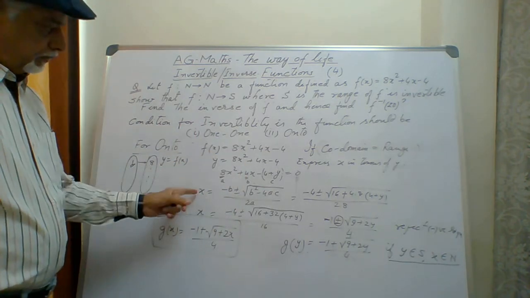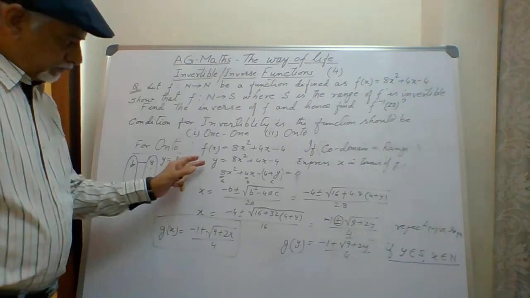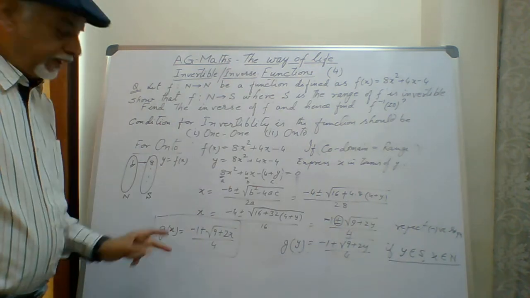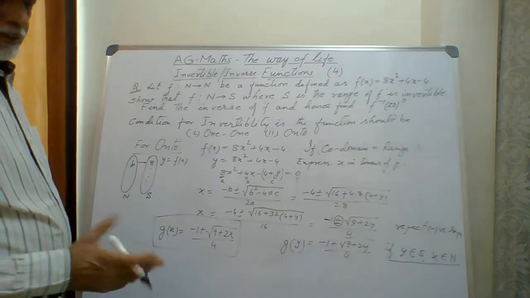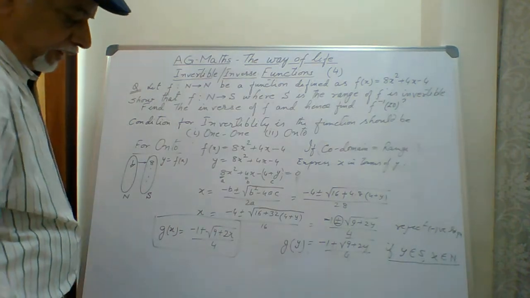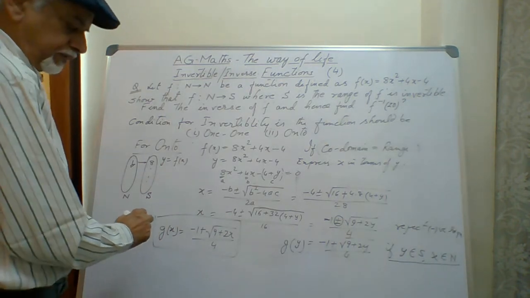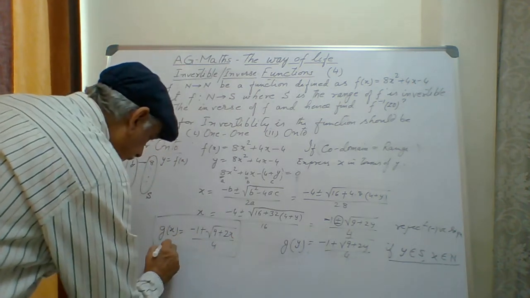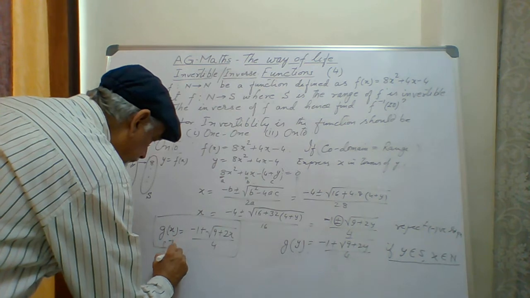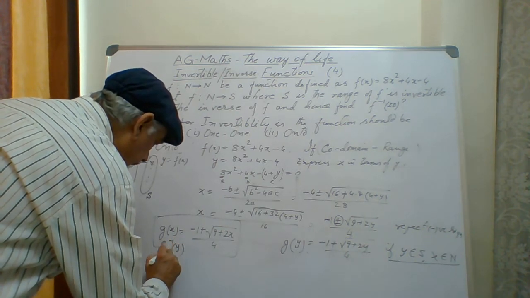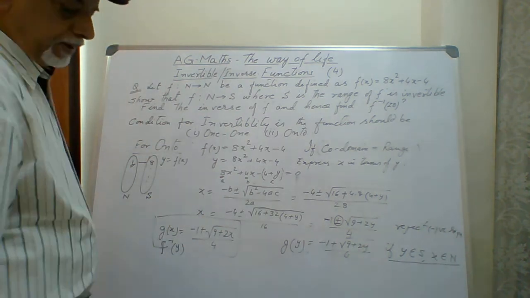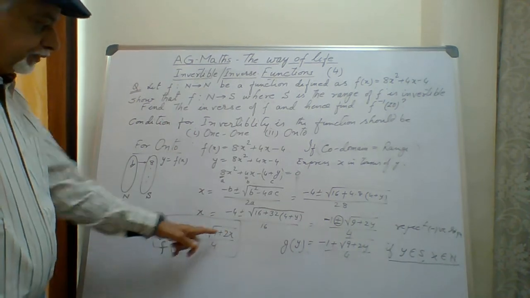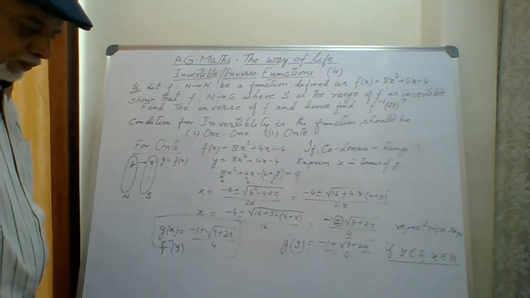We have written y in terms of x earlier, and now we are writing x in terms of y. That is a reswapping again. And this is what is called f inverse of y. That is the inverse function. f inverse of y is root over 9 plus 2x minus 1 by 4.